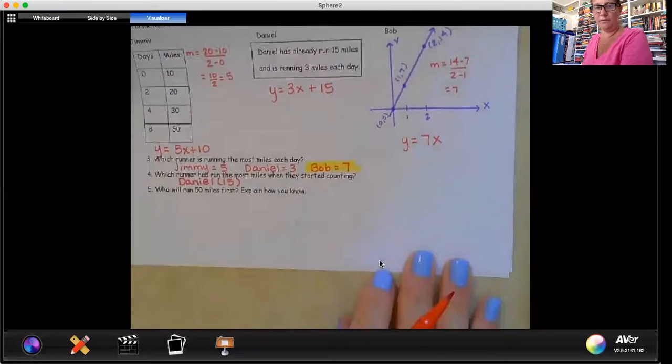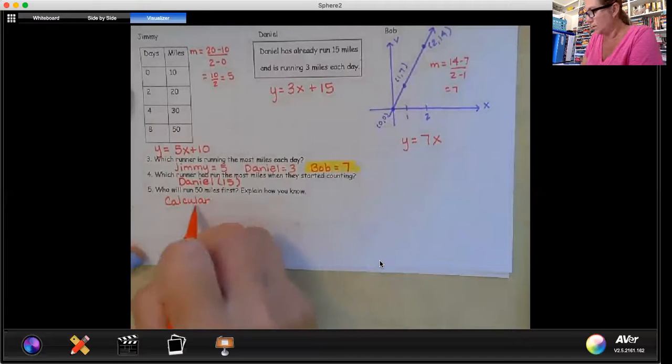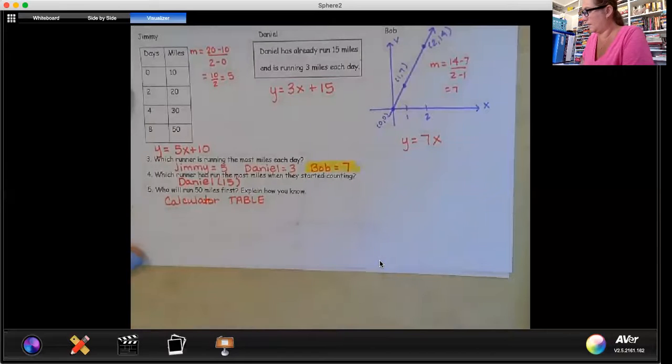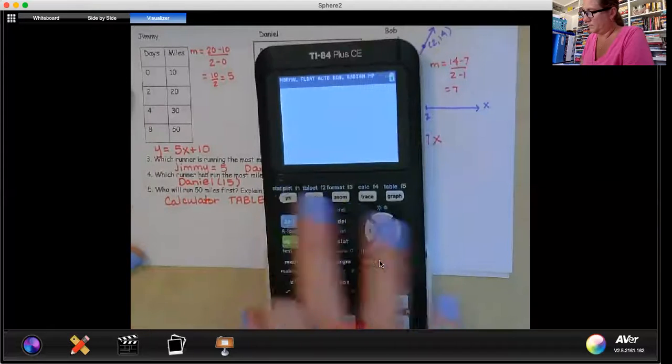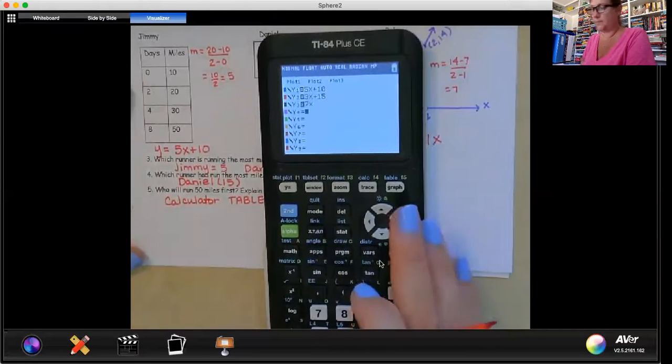All right, who will run 50 miles first and explain how you know? We're going to type these functions into our calculator. And then we're going to look at the table. So we have 5x plus 10, 3x plus 15, and 7x.